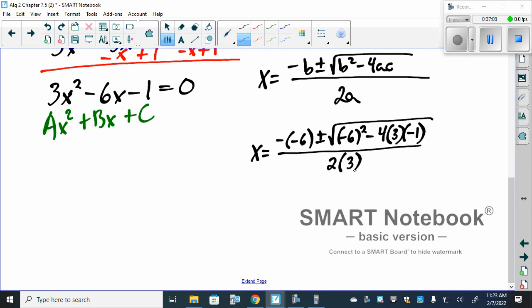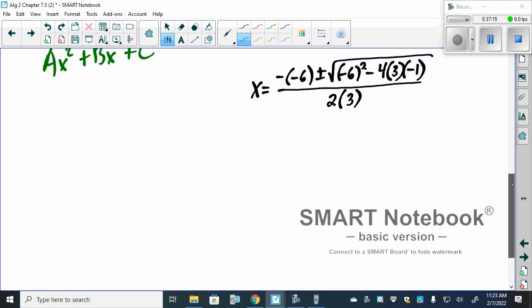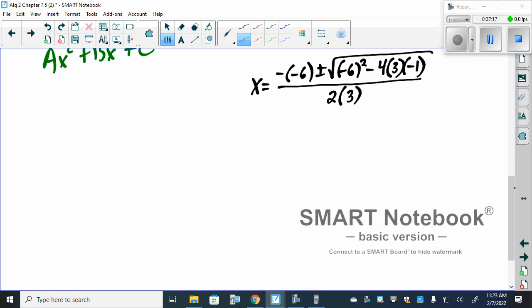And when we did this last, we went on and did some simplifications all at once. But here I just wanted to write it down all the way out because it's been a little while since we've seen it. Now the first part, the negative 6, well, a negative and negative would make a positive. So we have positive 6.